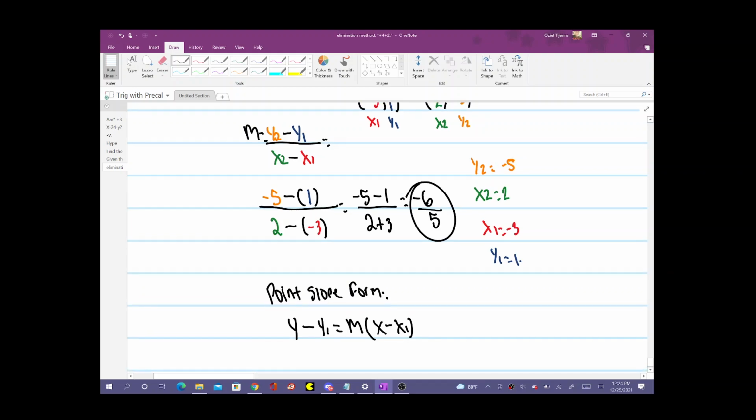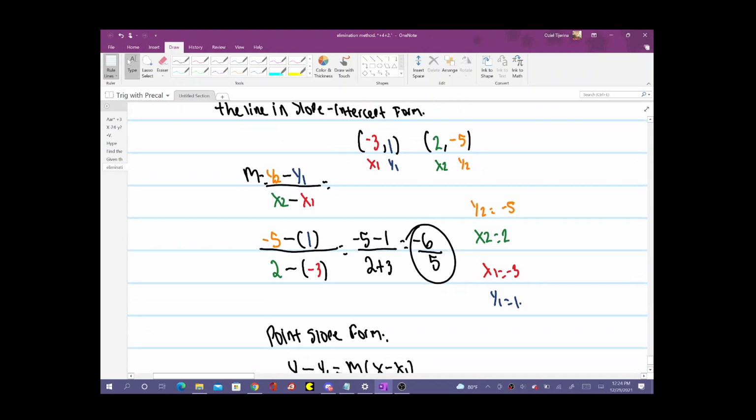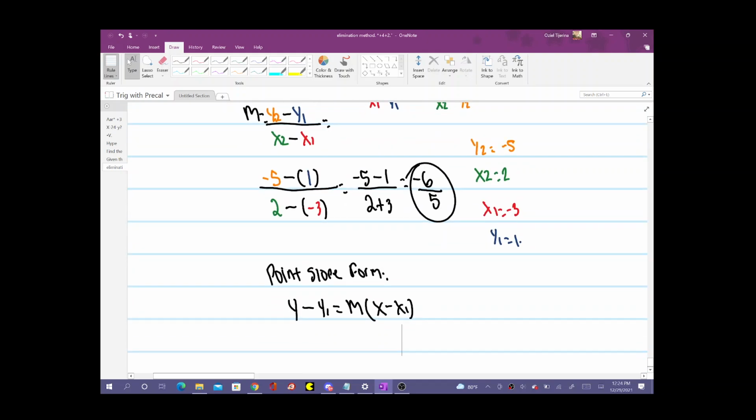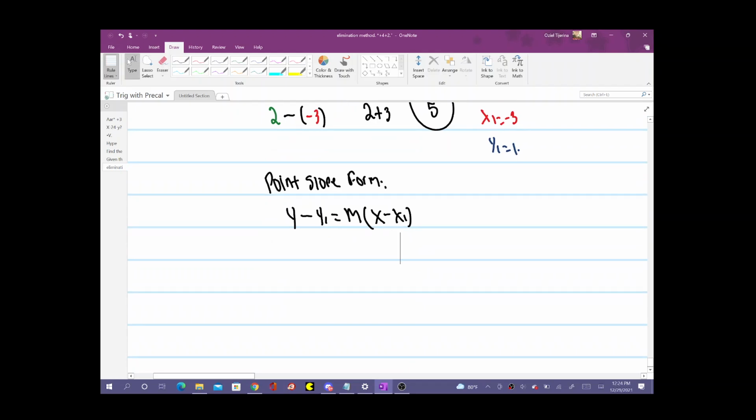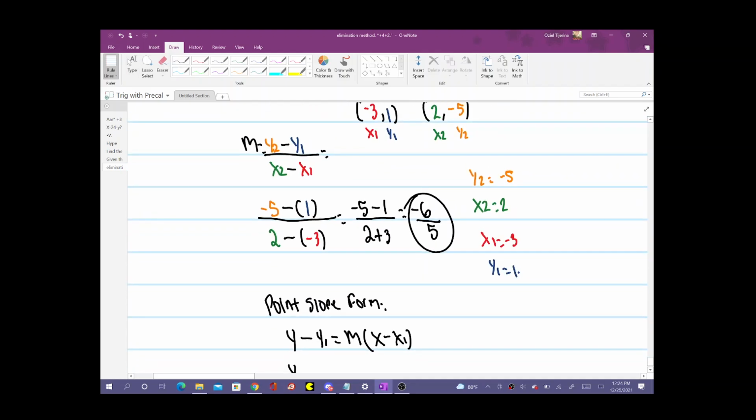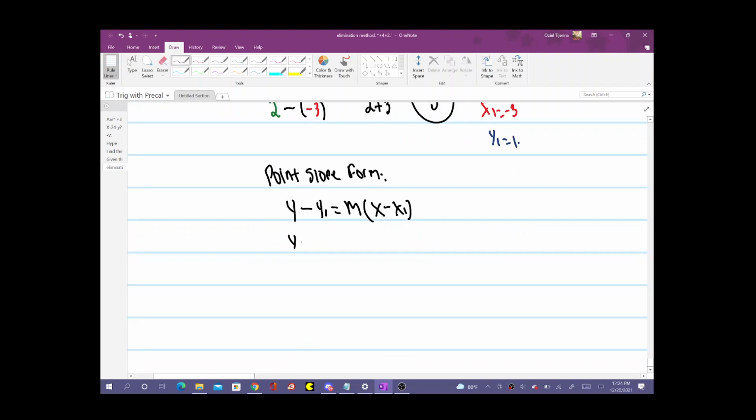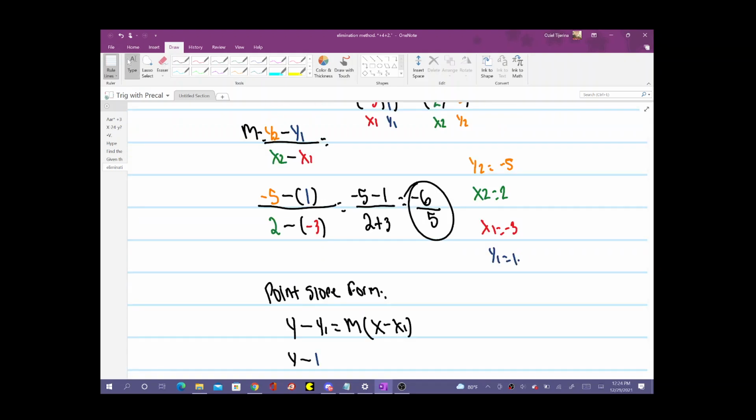It doesn't matter which one you use, as long as you solve for y. I'm going to use both points. The first method is to use -3, 1. So I'm going to say y minus 1, because that's y1.